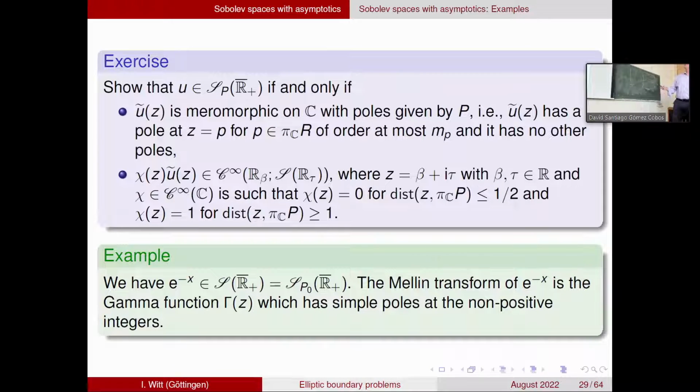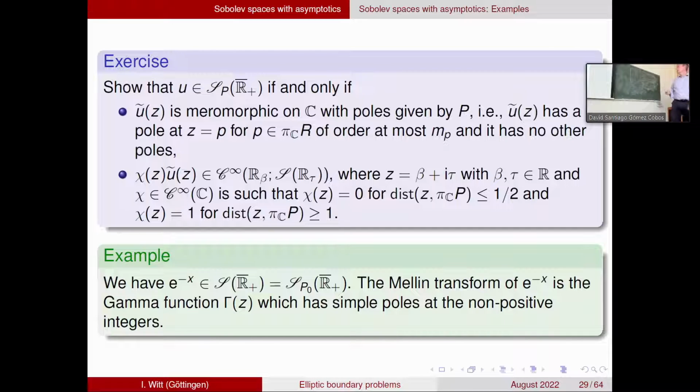The first one is, I said you can characterize things with the help of the Mellin transform. So you have functions on the half line having asymptotics of type P, and you easily introduce that space. As x goes to infinity, we have Schwartz behavior. We take the Mellin transform, and then we get something which is meromorphic on C with poles given by P. That is, we have poles at z equals p of order at most the given multiplicity and no other poles.